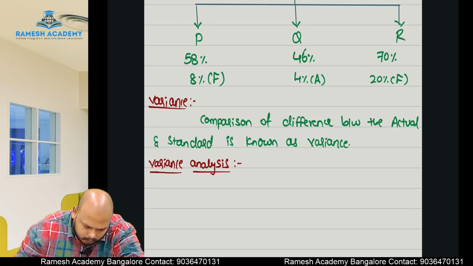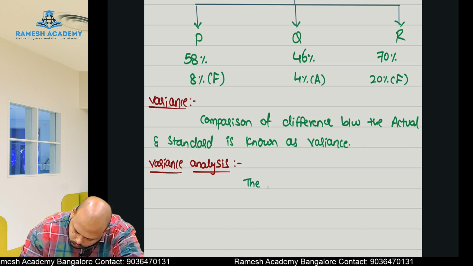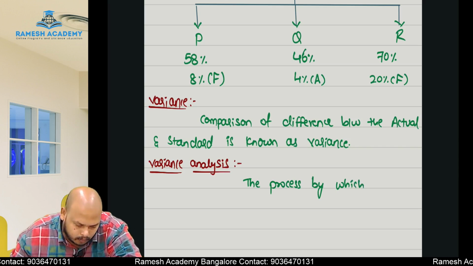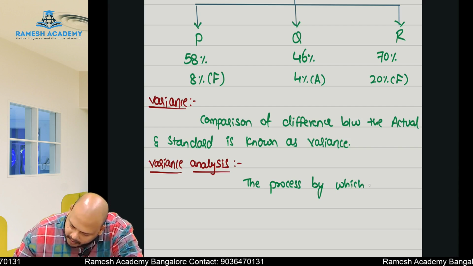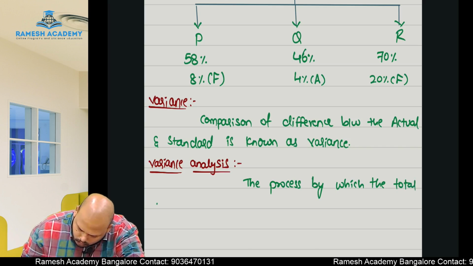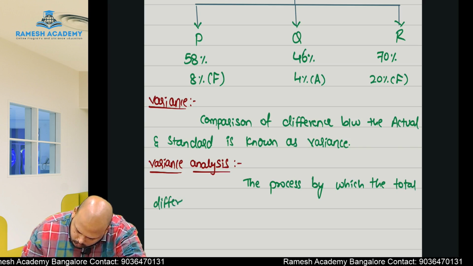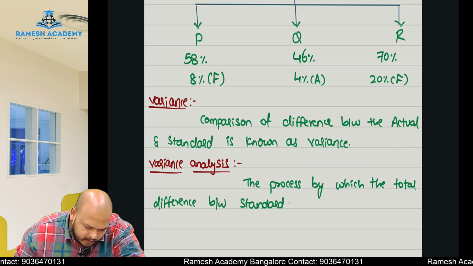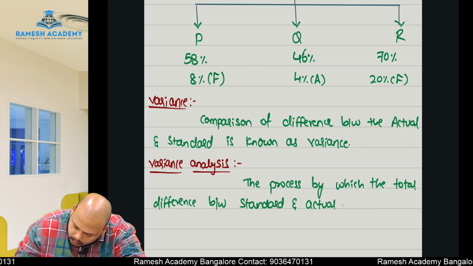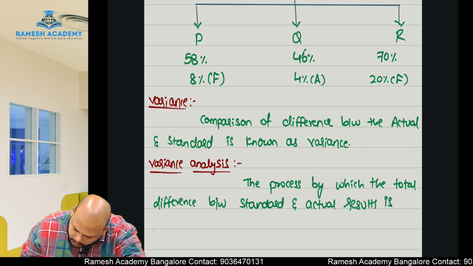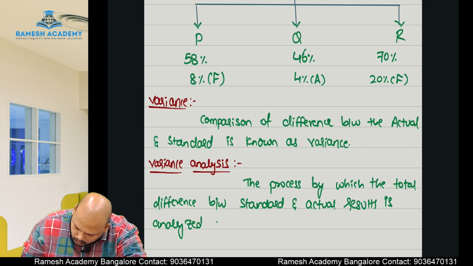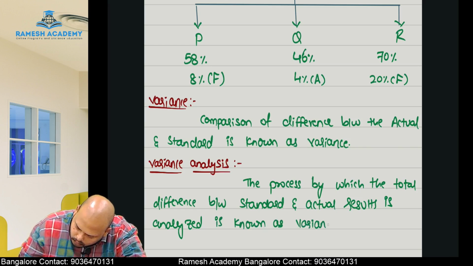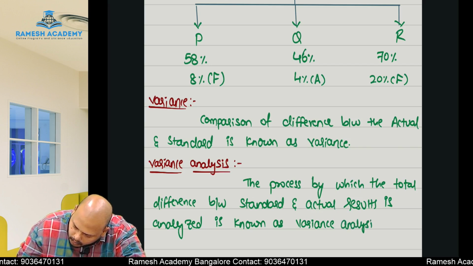The process by which the total difference between the standard and actual results is analyzed is known as variance analysis.